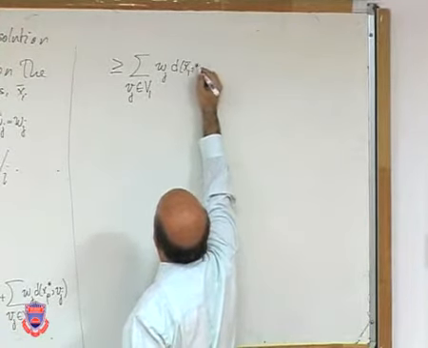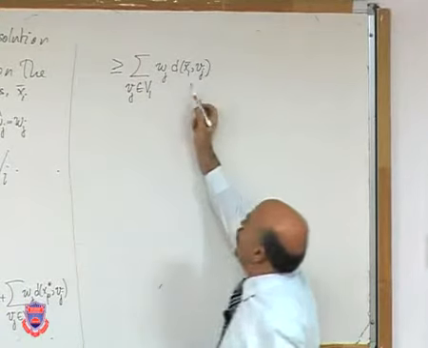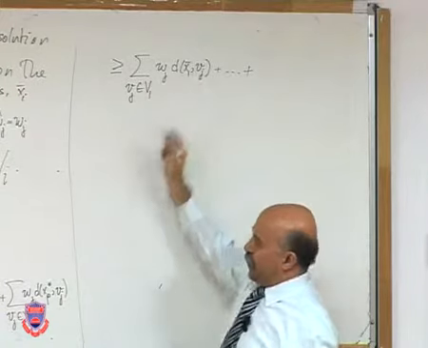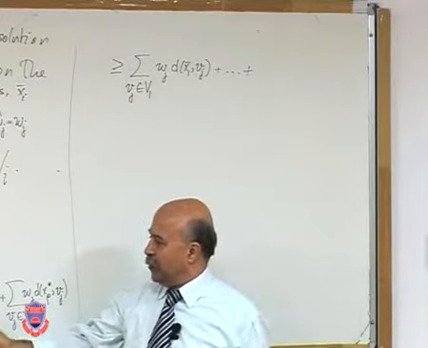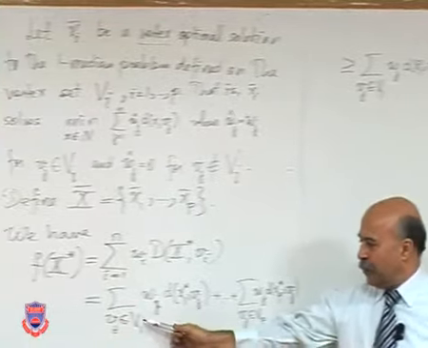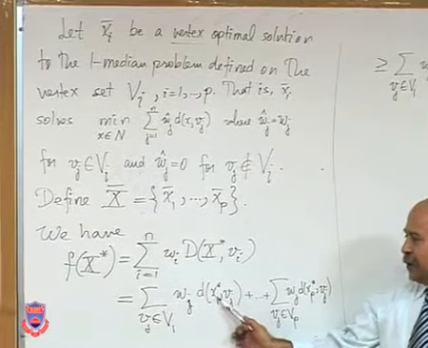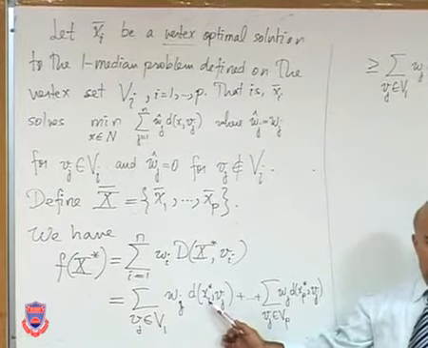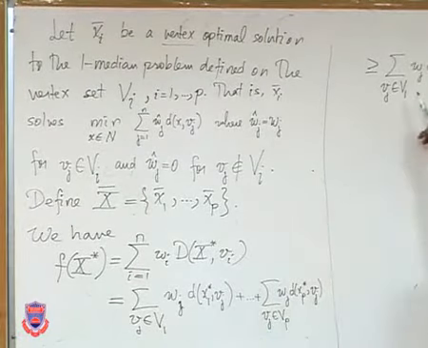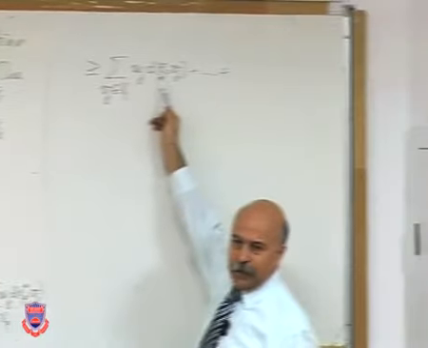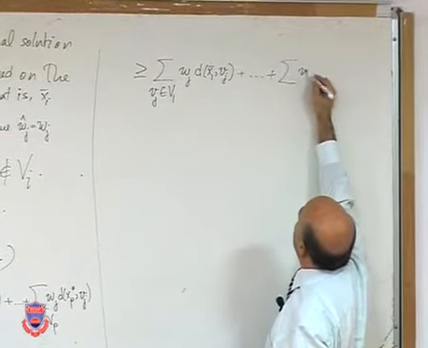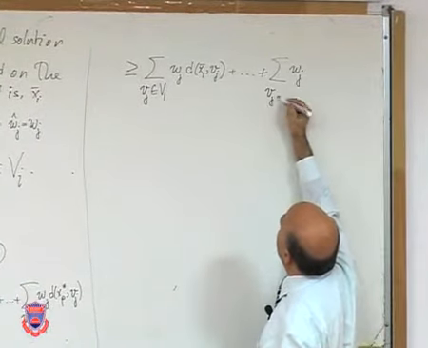Why? Because x1 bar is an optimal solution to the one median problem. So this is the one median objective function value for the first partition at some point, x1 star. That x1 star may or may not be an optimal solution to that one median problem. For that reason, that summation is at least as great as the first summation here. Likewise, each other summation is greater or equal to the corresponding summation we have here.